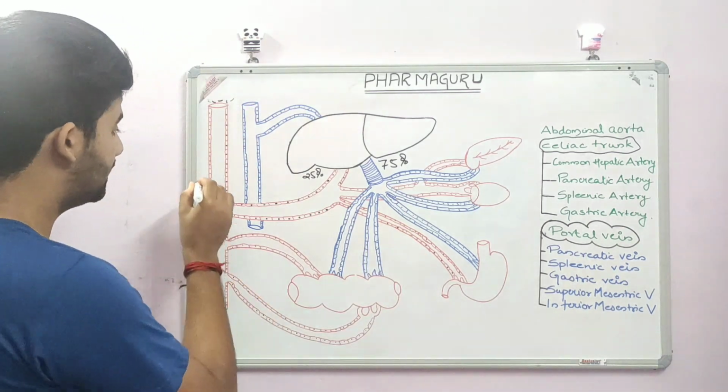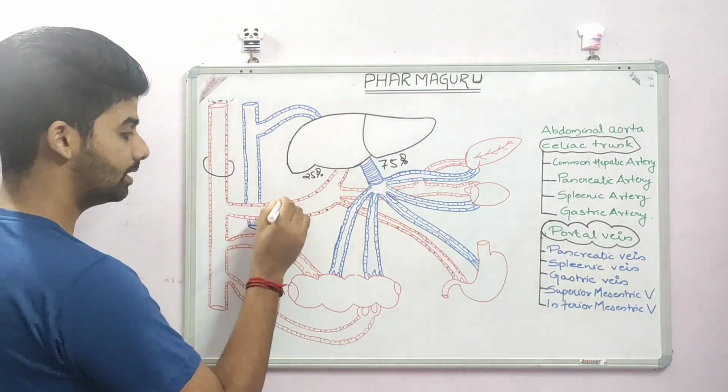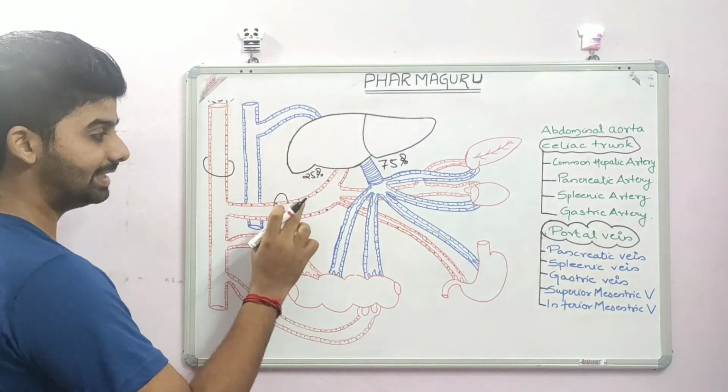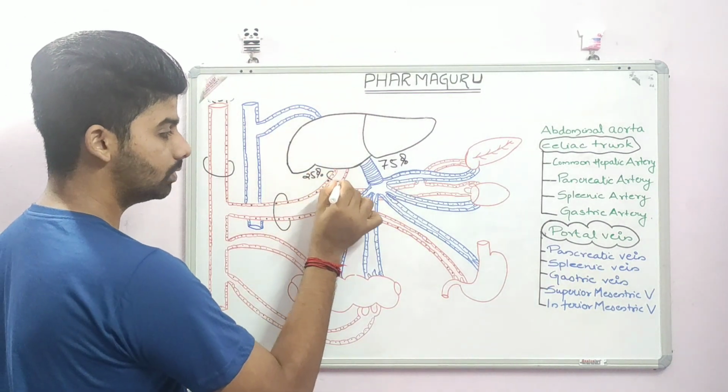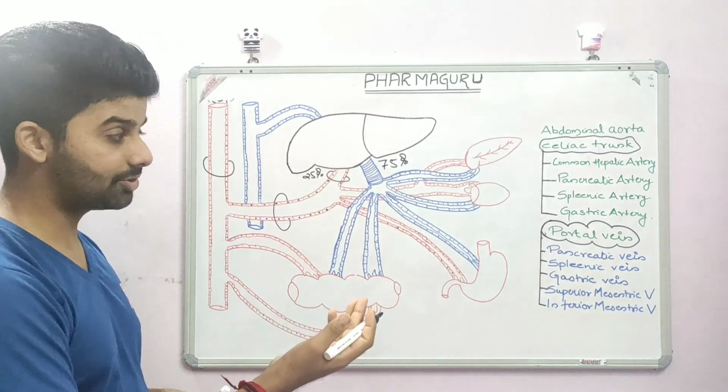So how? This is the abdominal aorta. Then this one is the celiac trunk. The celiac trunk first divides into one section that is known as the common hepatic artery.